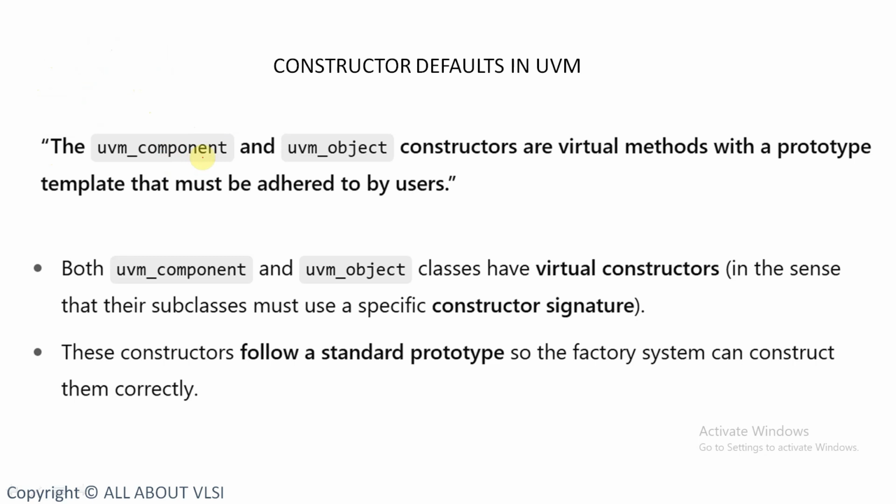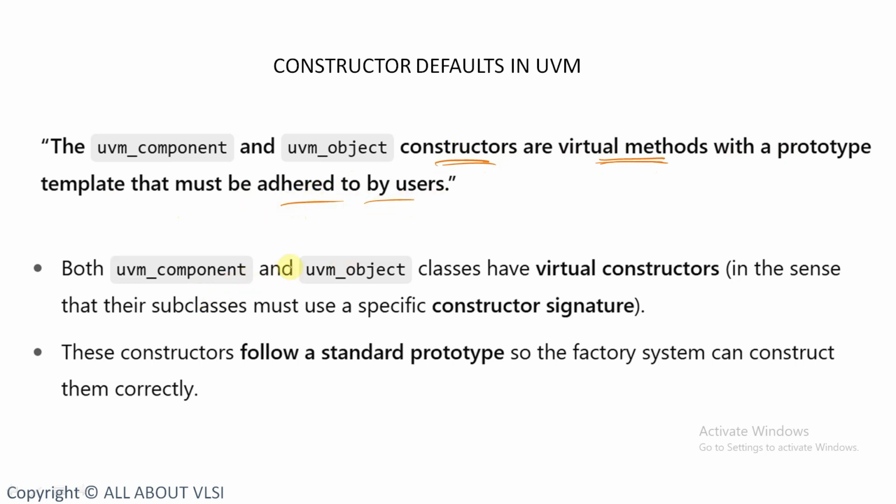Normally in SystemVerilog, we were creating the objects of your classes with the help of the new method. But in the case of UVM components and UVM objects, the new constructors are virtual methods with a prototype template that must be used by the users.